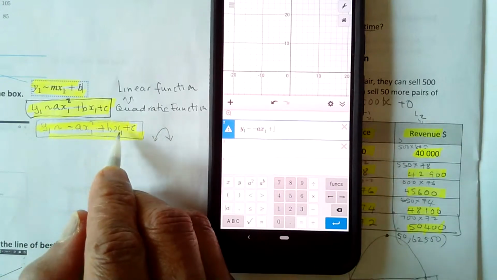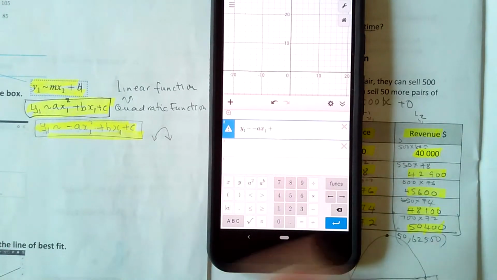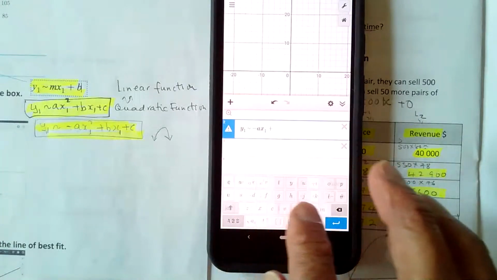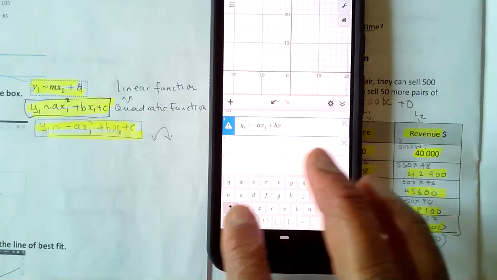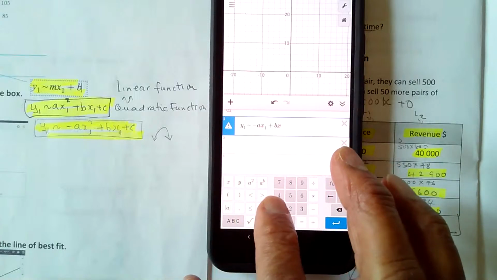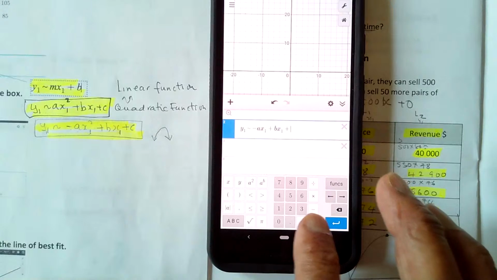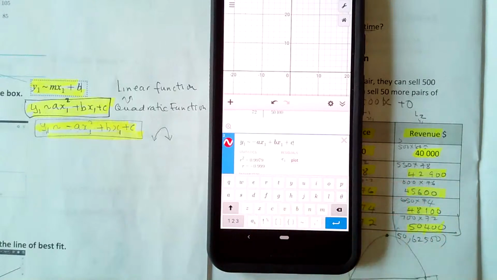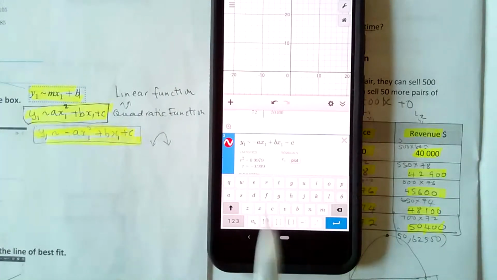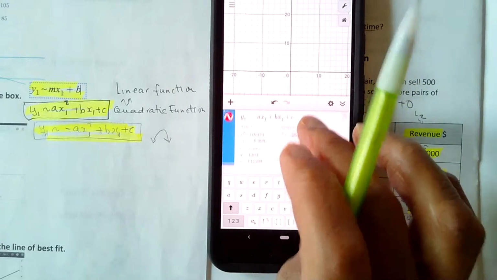Make sure you have these subscripts here. So there is my equation right below here.